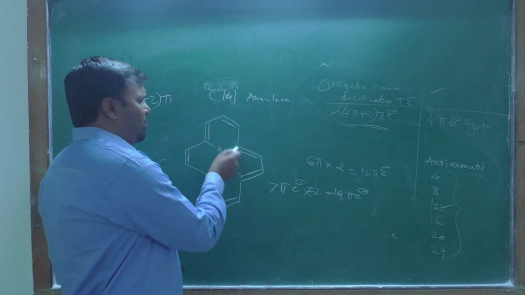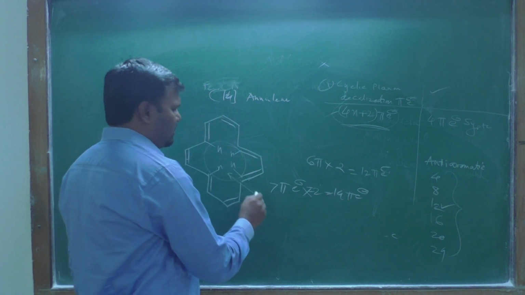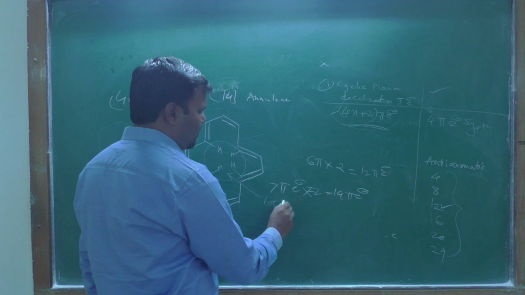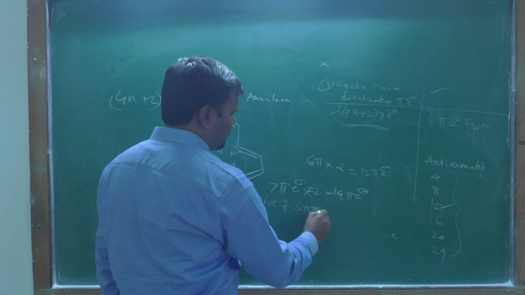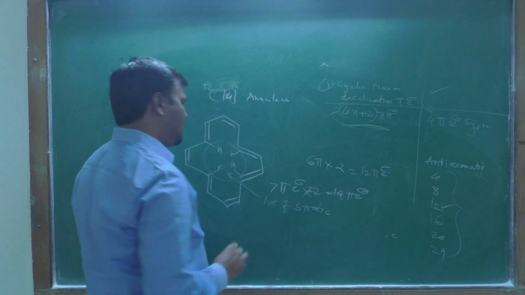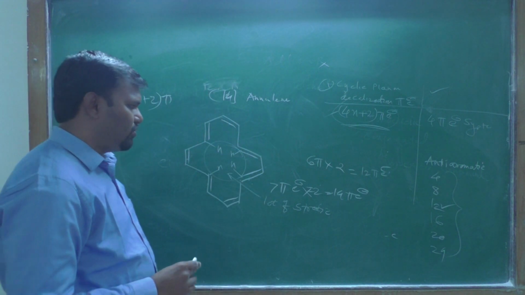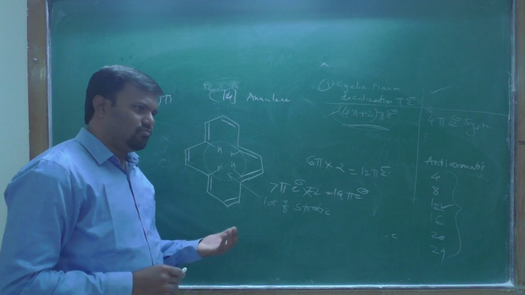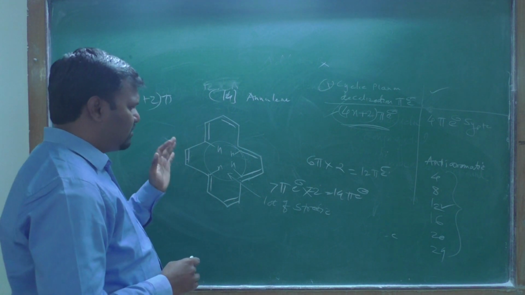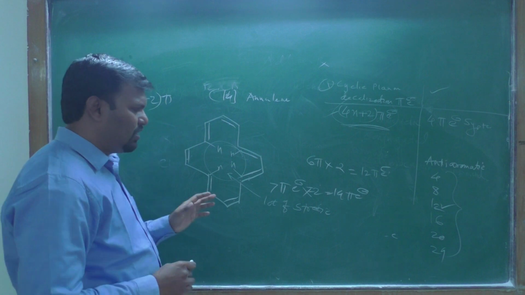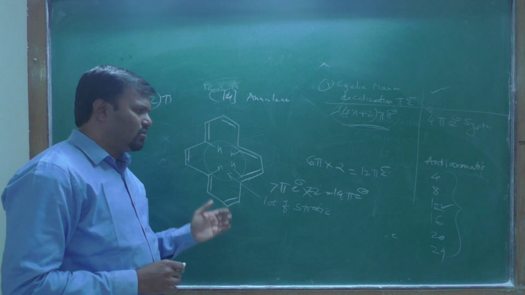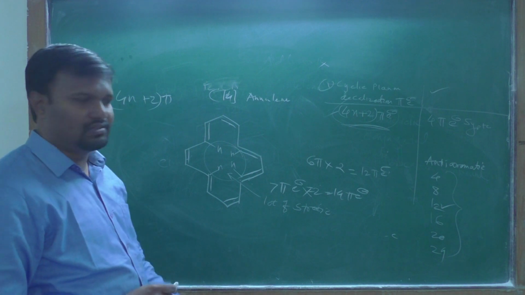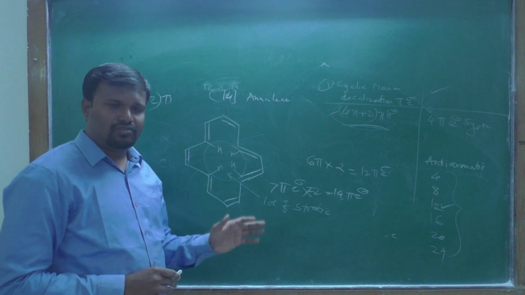But in this compound, the internal hydrogens in the ring have a lot of steric crowding, and steric strain is produced. That's why X-ray diffraction also shows that the molecule is not planar, and it does not undergo the substitution reaction.